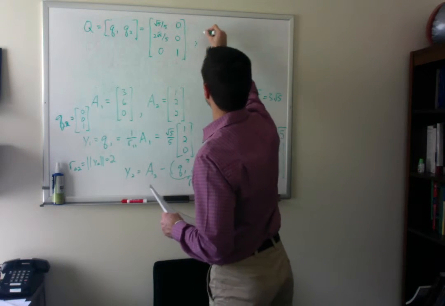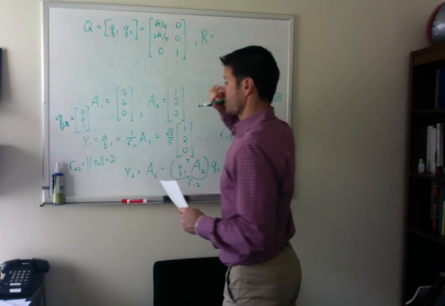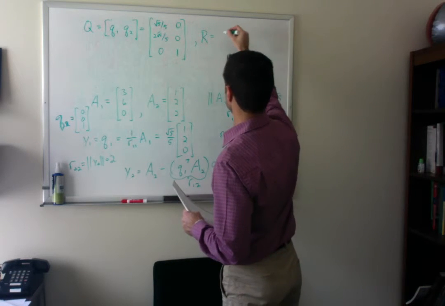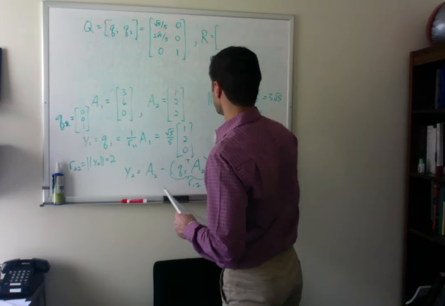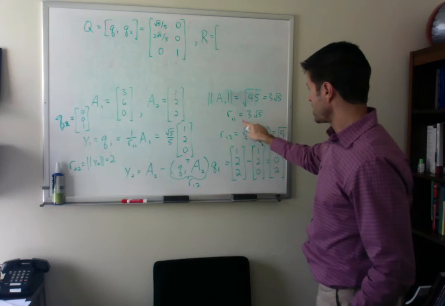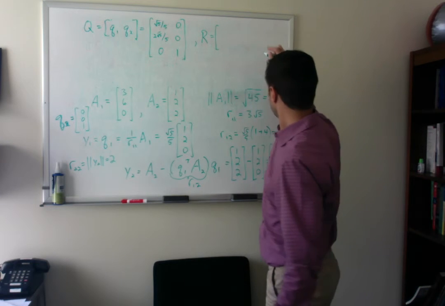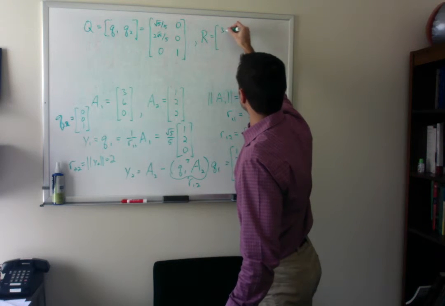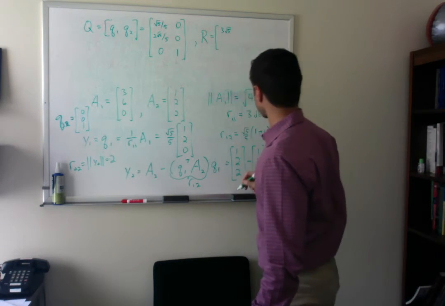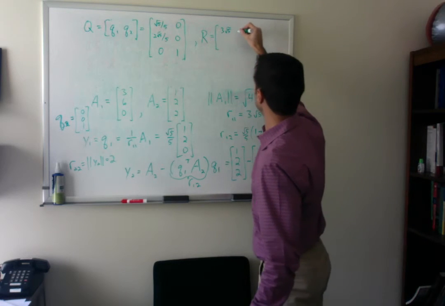And then our matrix R for our reduced QR factorization is going to be, well, you can see what the entries are. I labeled this as r11 so that it goes into the 1,1 spot here. And then r12 is this root 5.